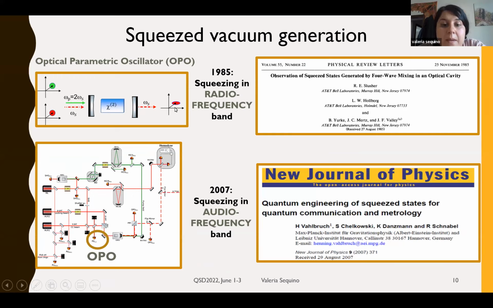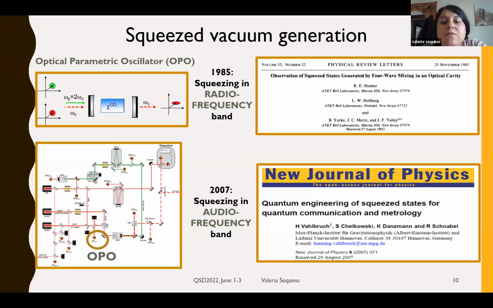This kind of experiment is old. In fact, it was first realized in 1985, but in the radio frequency band. Why do I underline this? Because for gravitational wave detectors, as we saw looking at the sensitivity curve, the detection bandwidth is the audio frequency band from 10 Hz to 10 kilohertz.